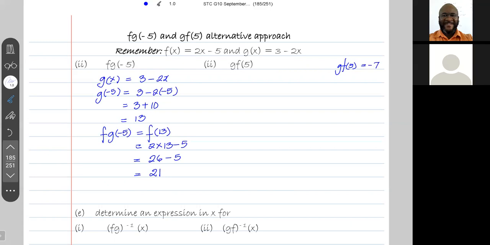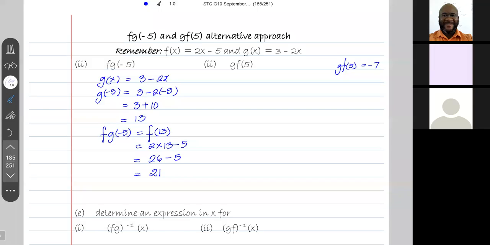Now, I want you to find g of f of 5 using the approach that I just showed you. All right, so we're being asked to determine the value of g of f of 5. So this is what I said to you. If someone asks you to find g of f of 5, you must first find f of 5.